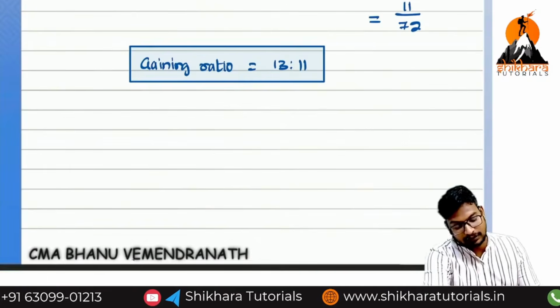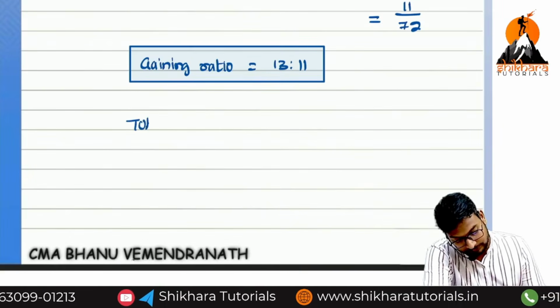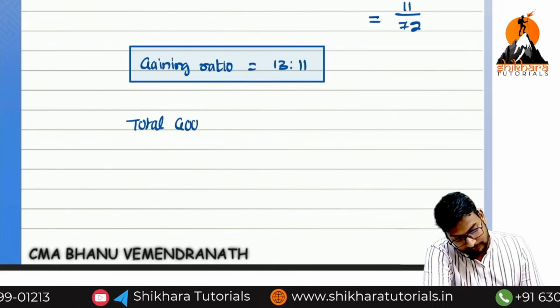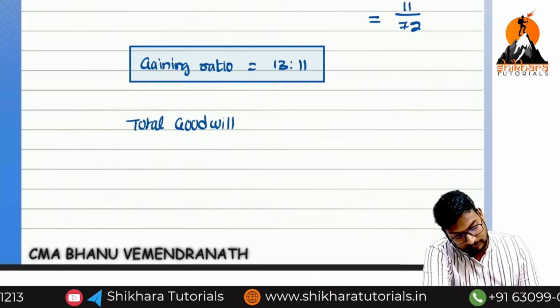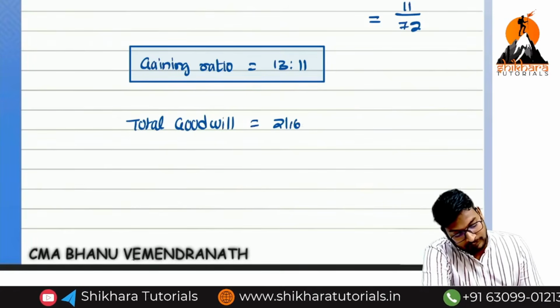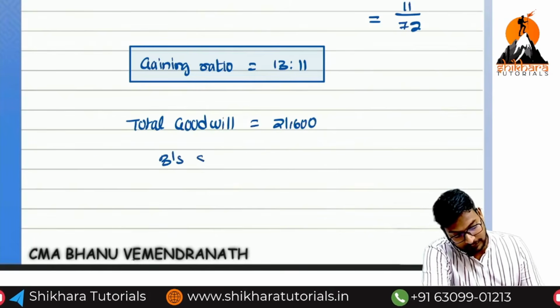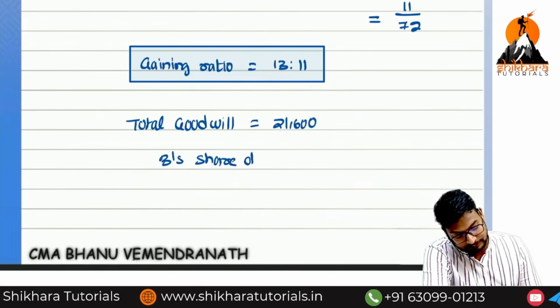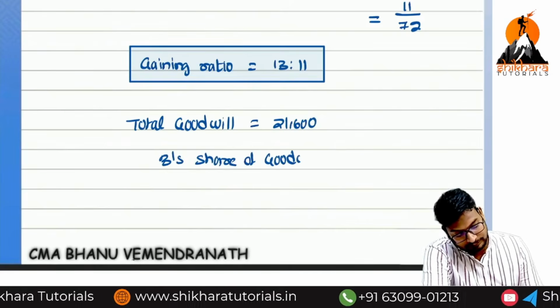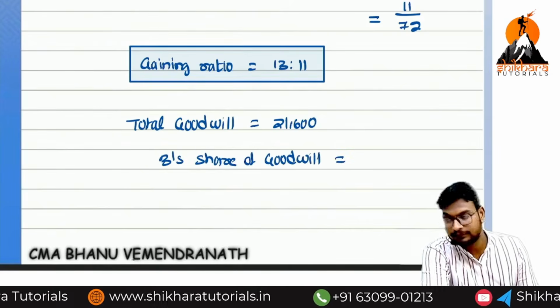Okay. What is the total goodwill? 21,600. So B's share of goodwill, how much, Amma?